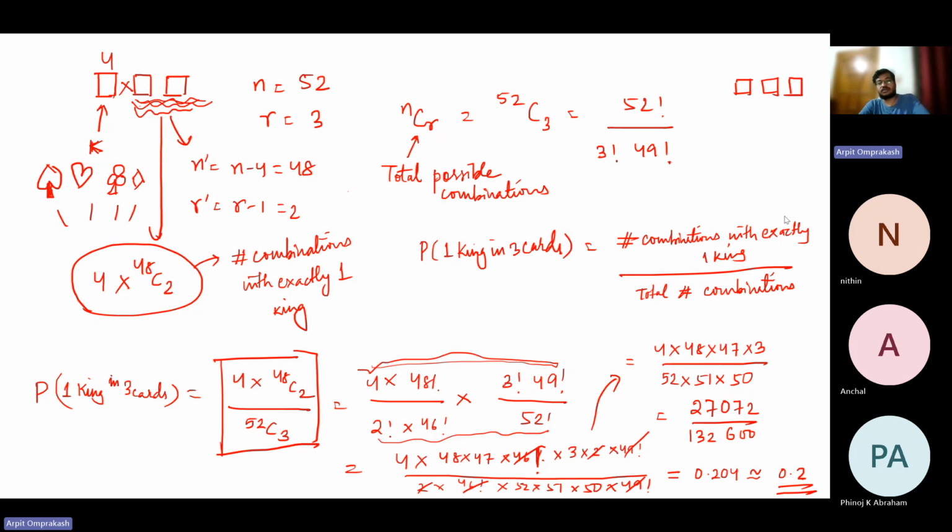So try using that calculator, then you might be more comfortable with doing this fast.